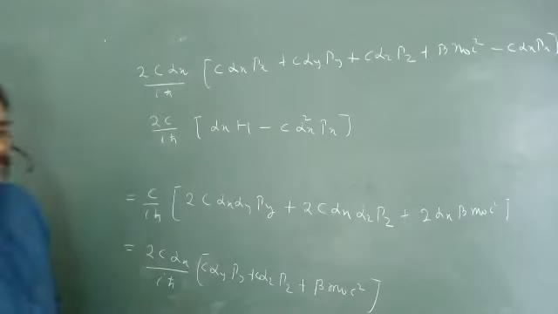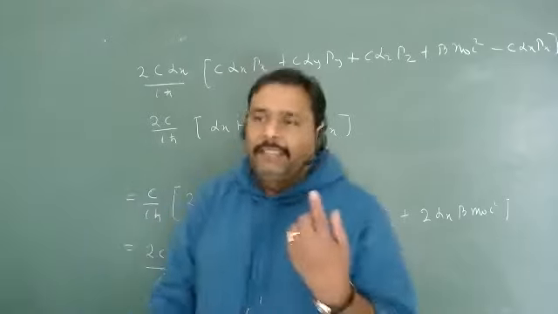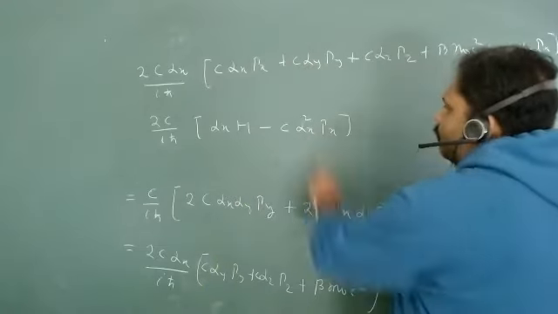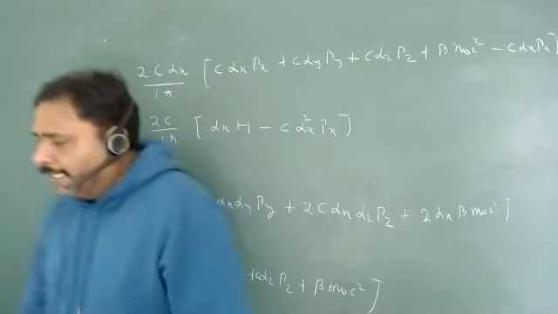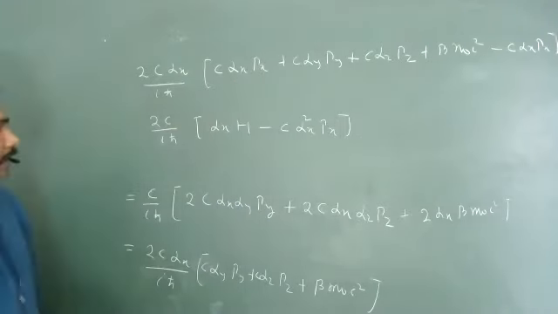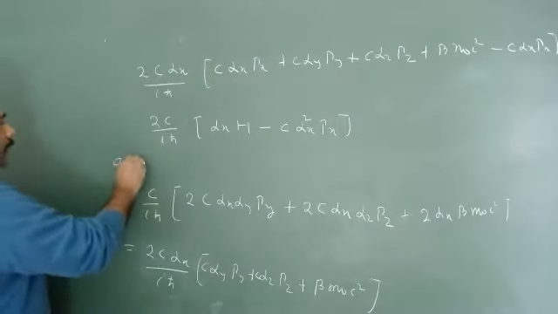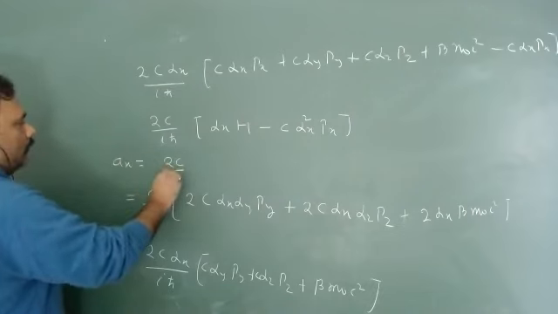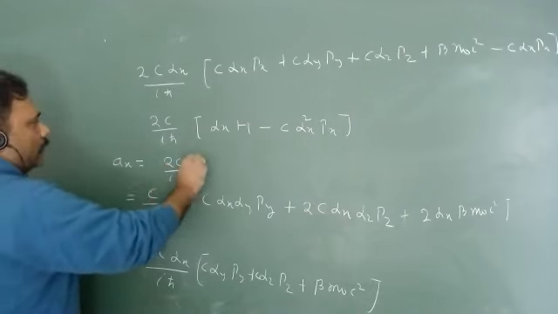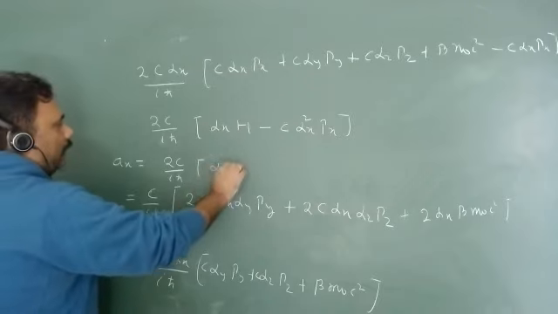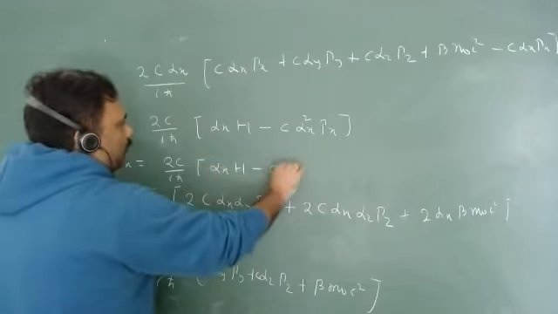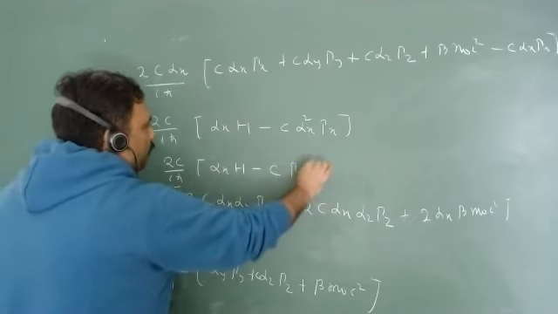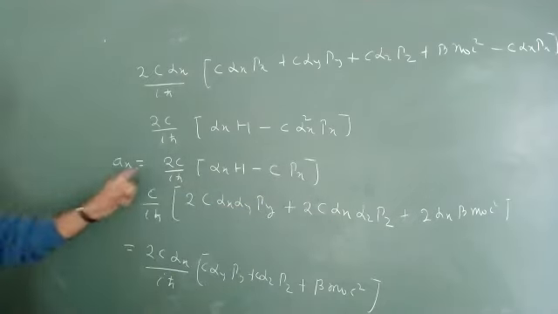Identity, that is 1. So I can remove this part. So what is my ax? I can write my ax as 2c upon i h cat, alpha x H minus c px. So this is my x component of acceleration.